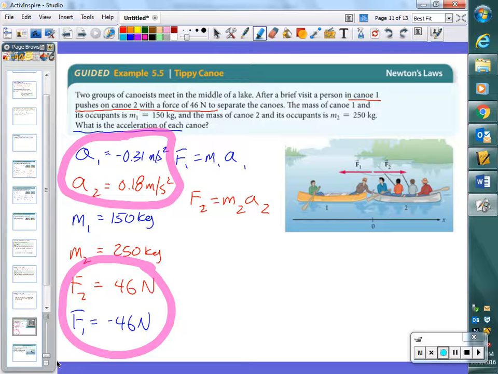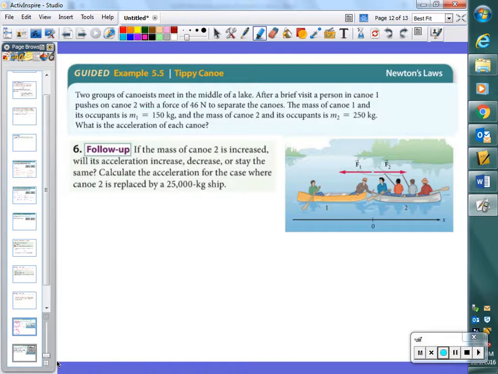If canoe 1 pushes on the big, huge tanker ship, they would both feel the same force, and that's Newton's third law. But now, individually, we use Newton's second law to find their accelerations.